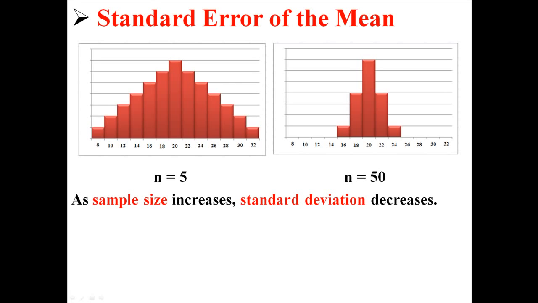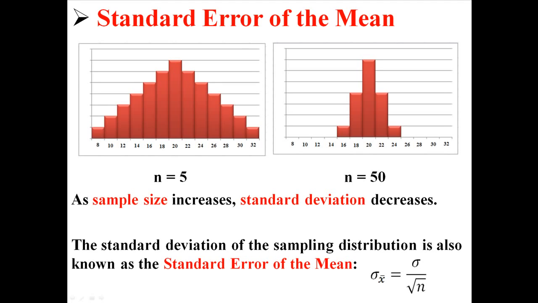Because remember that as your sample size gets bigger, it's going to get closer and closer to what the actual mean is. So if you have a larger sample size, there will be less dispersion. You will have a smaller standard deviation. The standard deviation of the sampling distribution is also known as the standard error of the mean. So when you hear someone say that, it's not necessarily like an error or a mistake. They're just talking about the standard deviation of a sampling distribution of means.